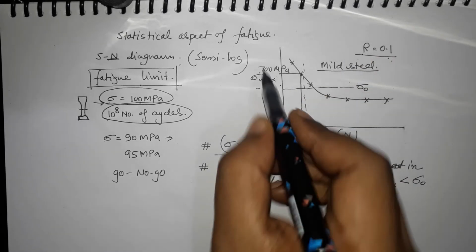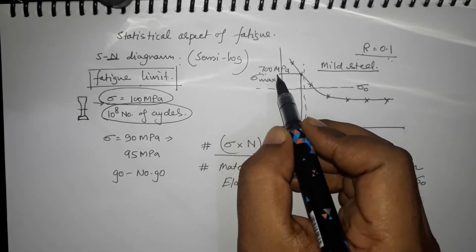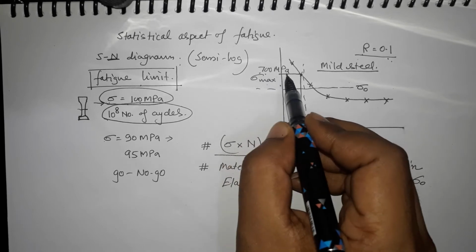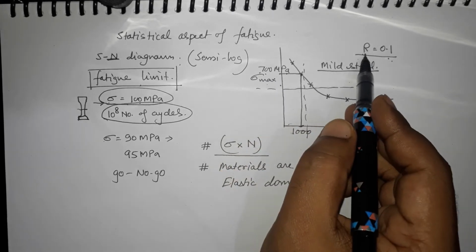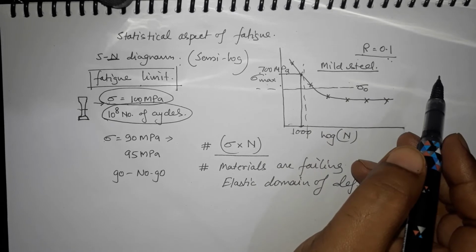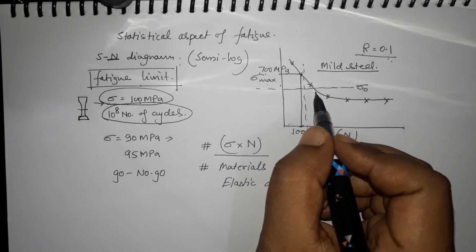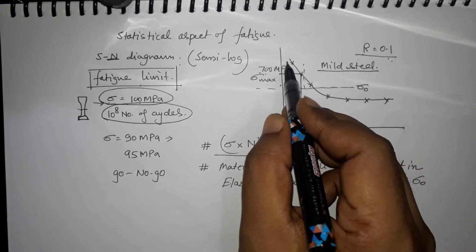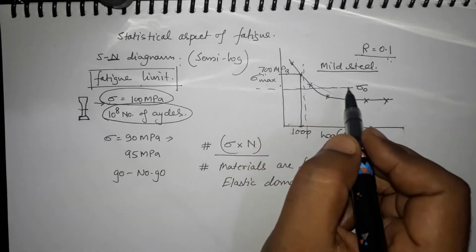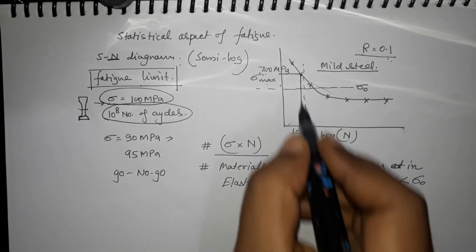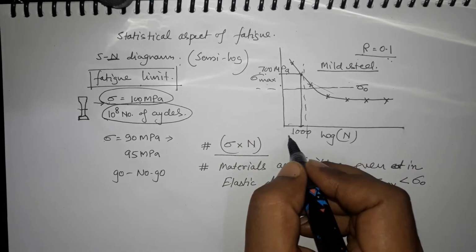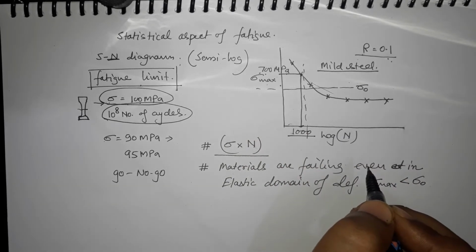But what is happening is we are applying a stress of 700 megapascal sigma max at an R ratio of 0.1, and it is the same material from which you have obtained this plot. So does it mean that the specimen will break at 1000 cycles? The answer is no, it will not break at 1000.